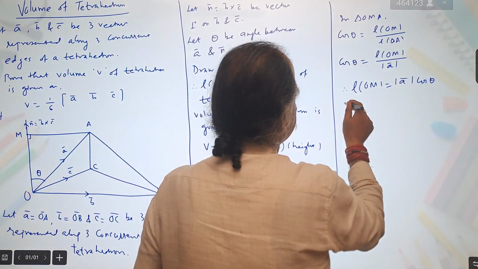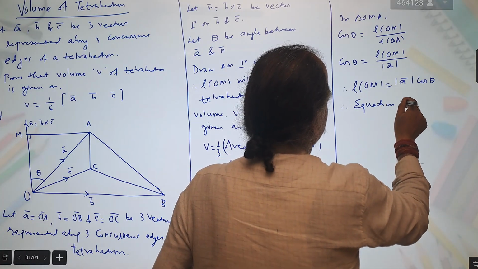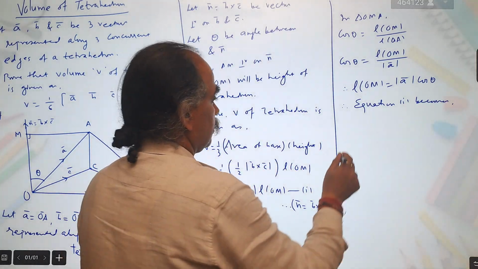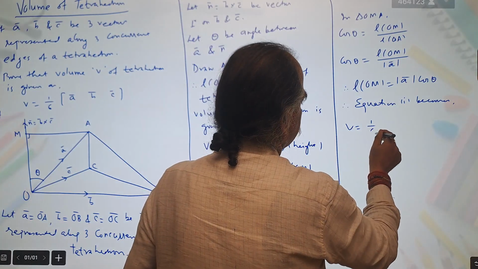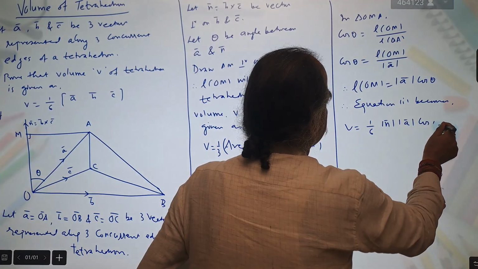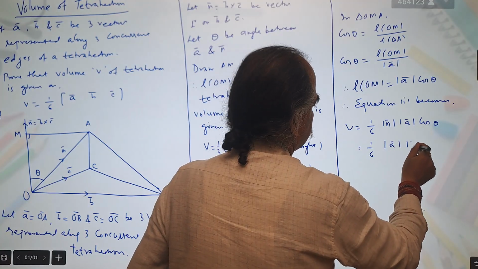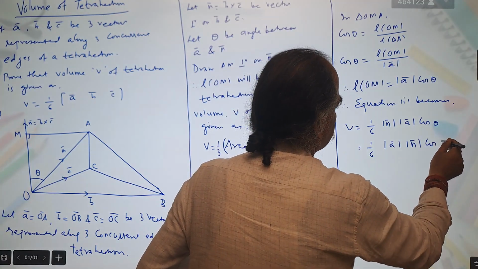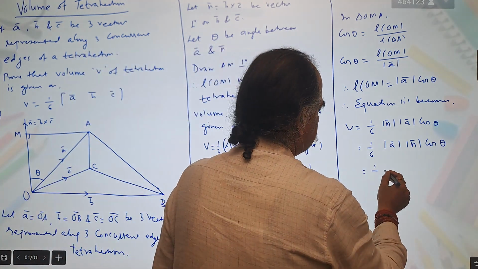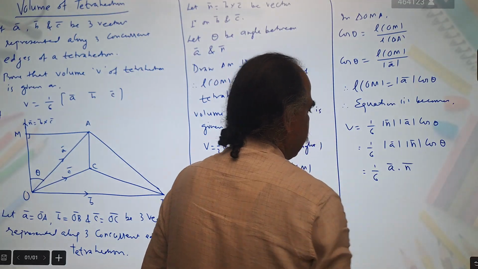So equation 1 becomes V is 1/6 mod N bar into mod A bar cos theta, mod A bar mod N bar cosine of the angle between A bar and N bar, which is nothing but 1/6 into A bar dot N bar.